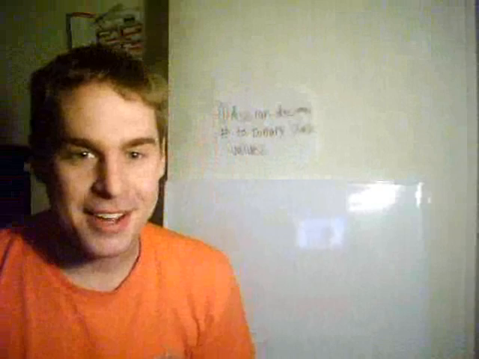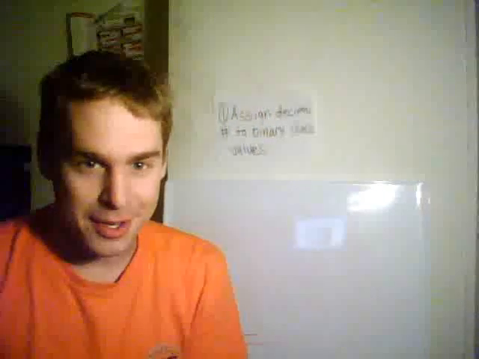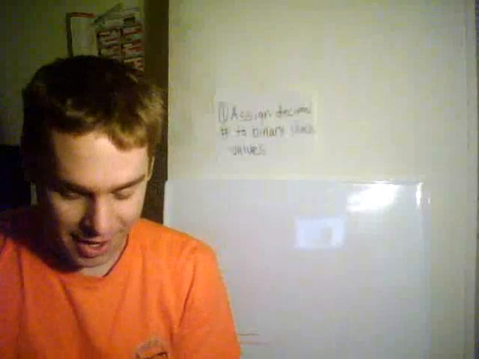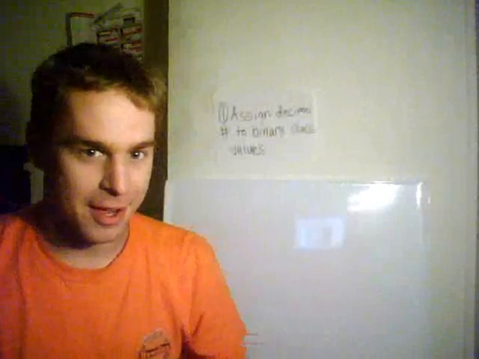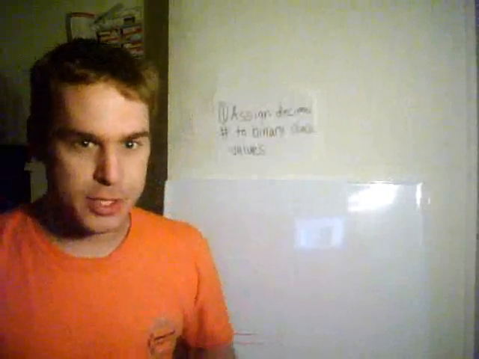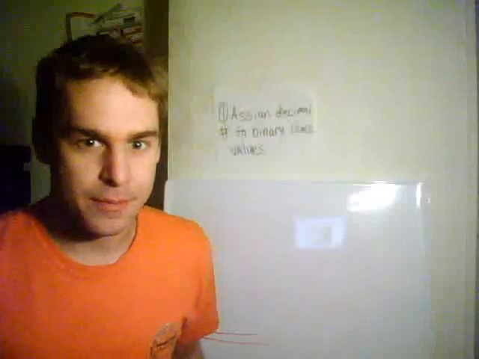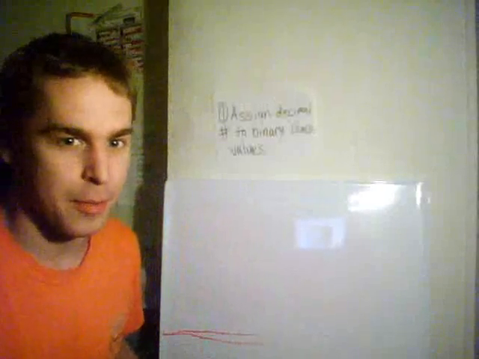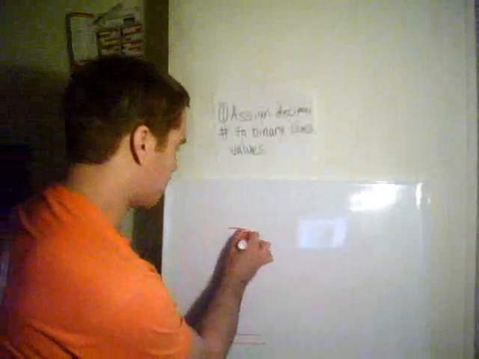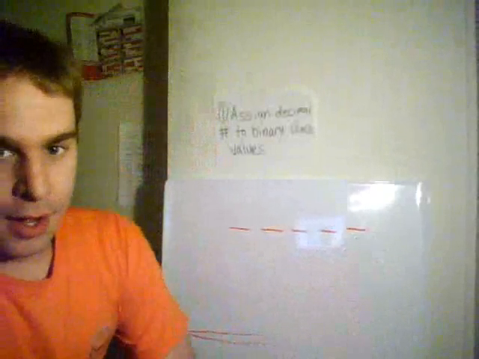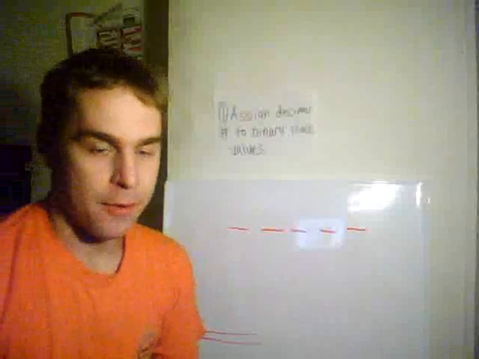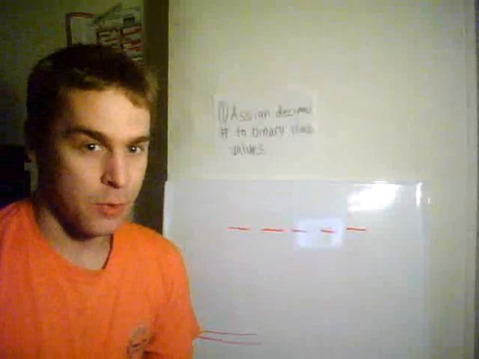So, first step. Assign a decimal number to the binary place value. And let me get my marker out here, show you how to do that. We'll say we'll have five place values for the binary number. And for binary, you can only use 0 and 1.